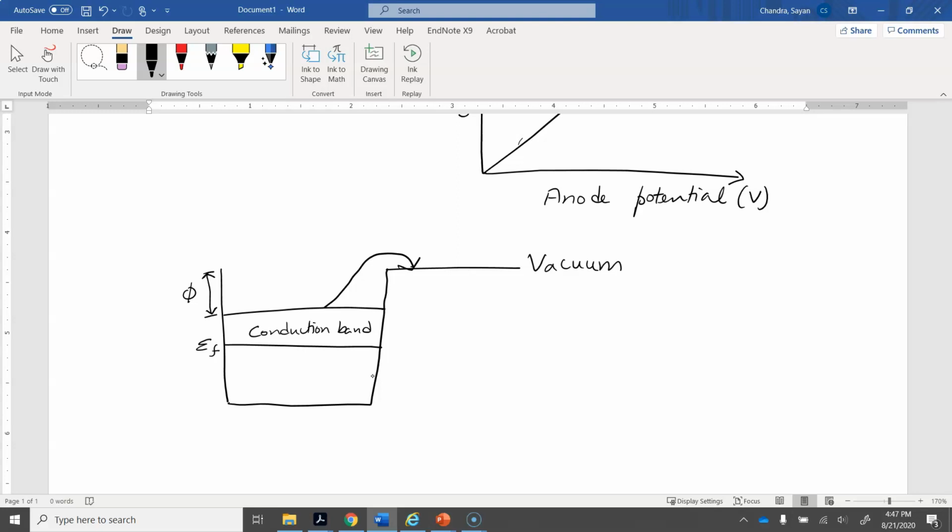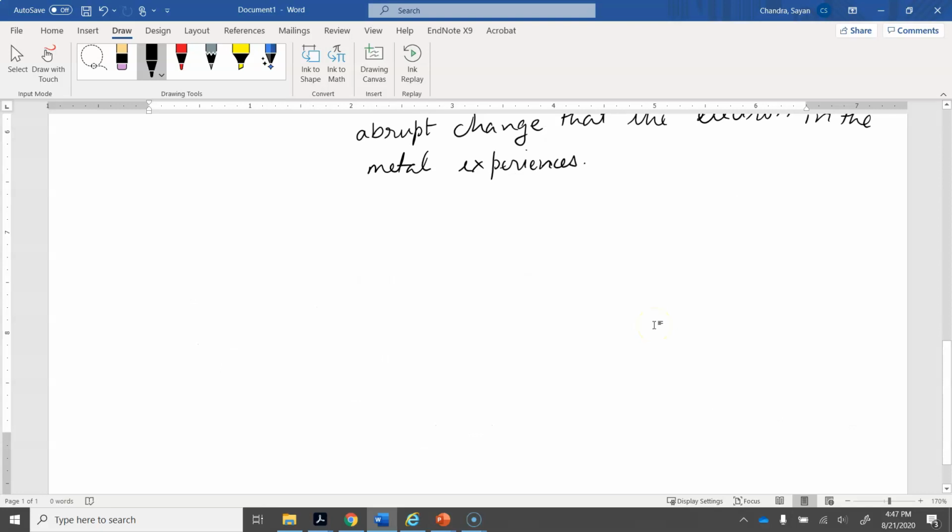Correct? And the assumption here is that the electron sees a vertical potential difference. So the vacuum is completely at a much higher potential than the electron in the metal itself, so there's always an abrupt change that the electron in the metal experiences. But in reality, that's not the case.